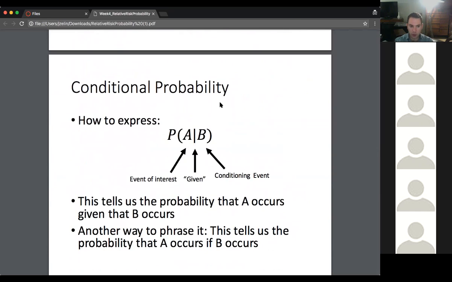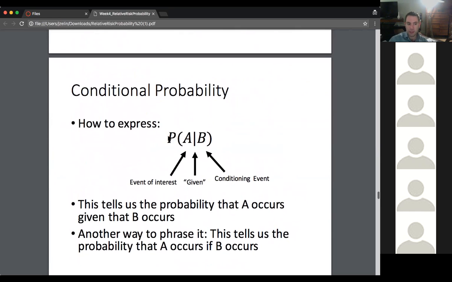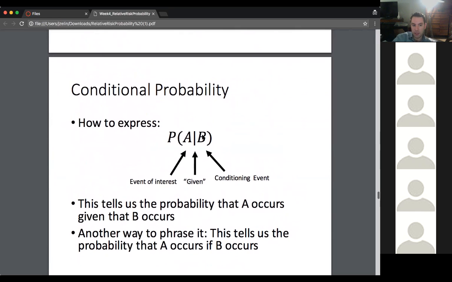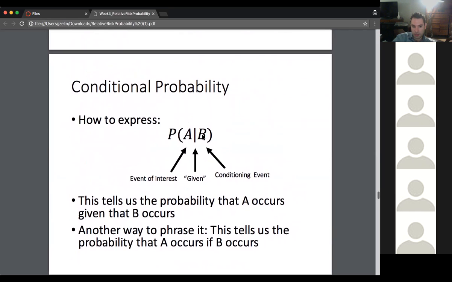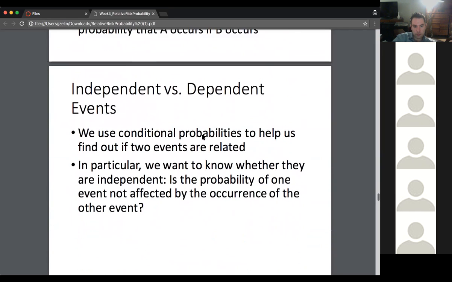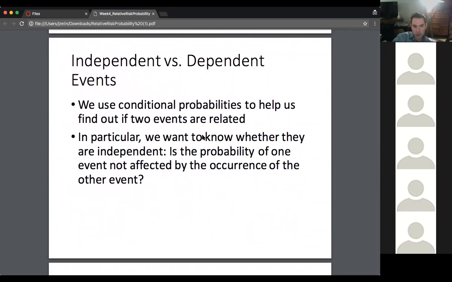So this is how we denote conditional probability. We express it as the probability of A, and then this solid vertical line means given, and this is the conditioning event, B. So we read this as the probability of A given B occurs. We use conditional probabilities to help us find out if two events are related and whether they are independent or dependent.